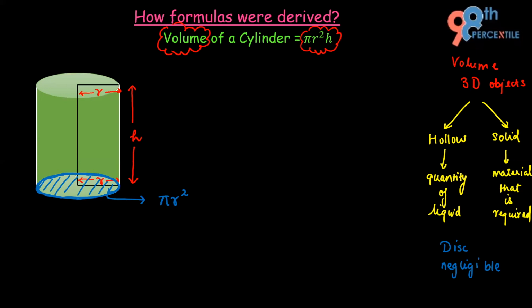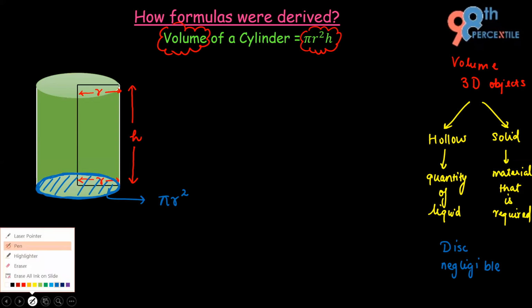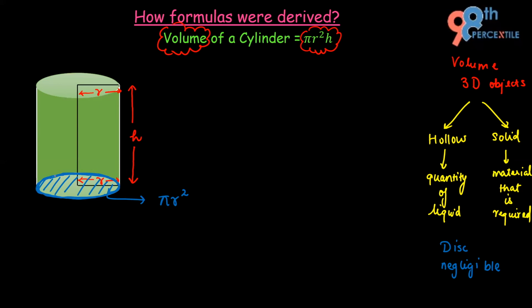Now imagine that I'm placing a similar disc of the same dimensions on top of this disc. This disc will also have an area of pi r square, which is the amount of solid required to make it.